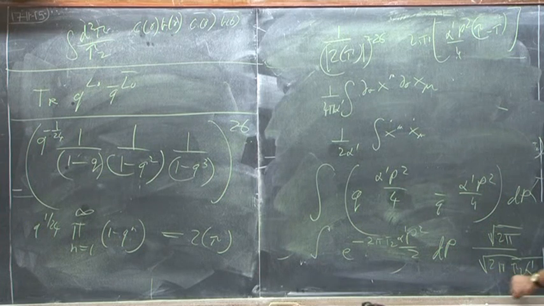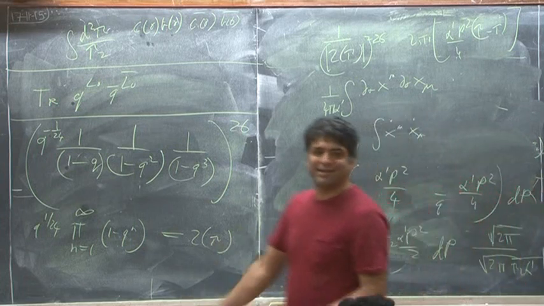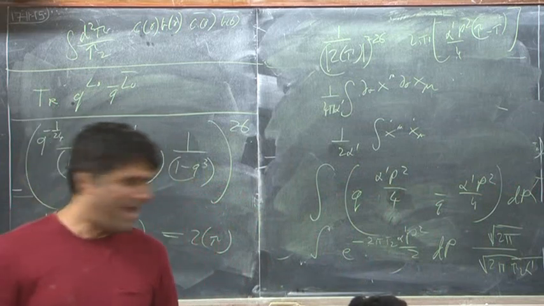The main thing is that you get 1 over square root tau 2 from each zero mode integral.